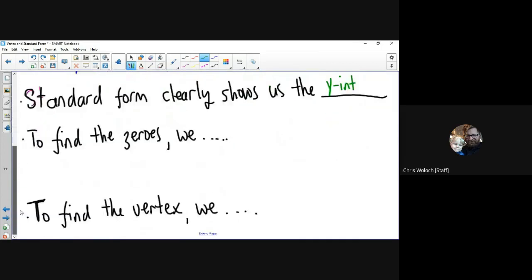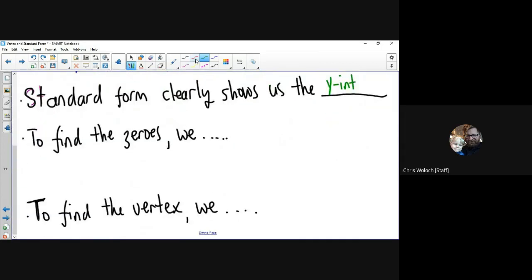So if you remember, to find the zeros, we generally factor, okay? Or we can use the quadratic formula.